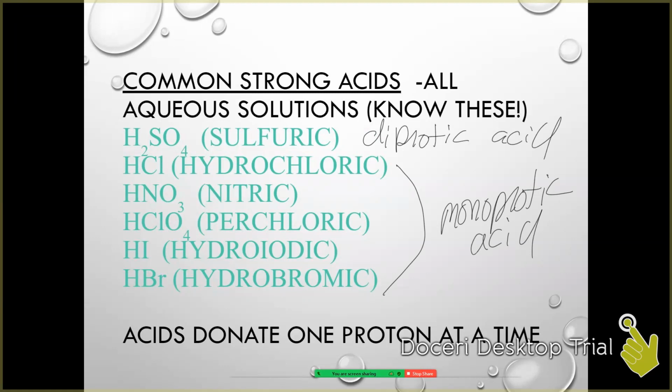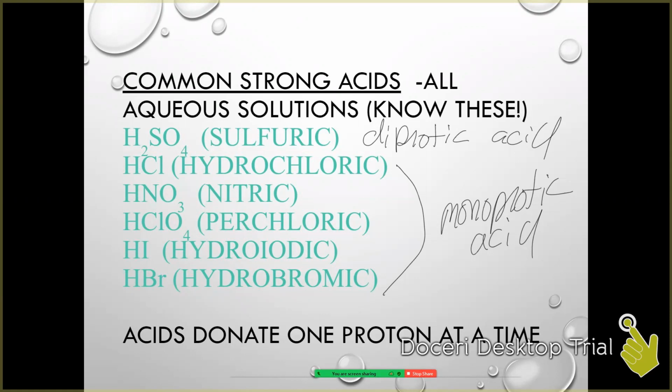Acids donate one proton at a time. And evidently my mind's already gone on spring break. One proton at a time, and like I said, we didn't really make a big deal about that in Chem 1. We kind of just looked at the big picture.